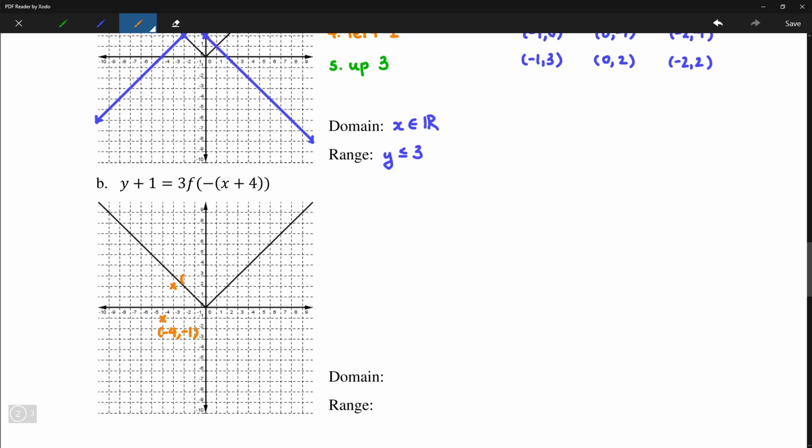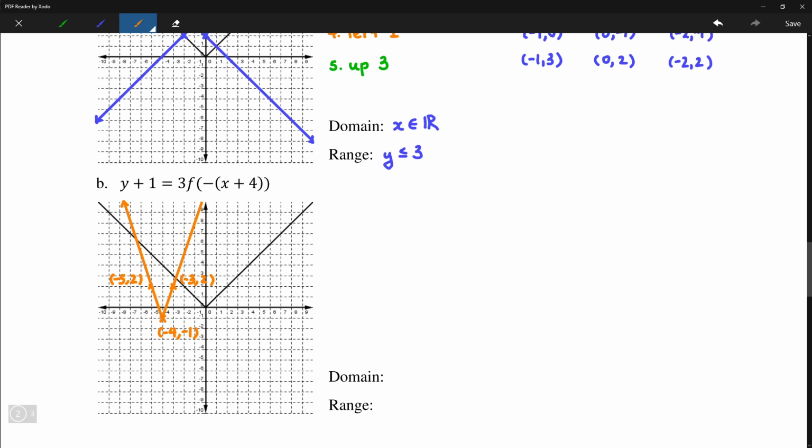So negative 4, negative 1, negative 3, 2, and also negative 5, 2. Just like the previous example, let's just connect the points here to make a graph. Okay, that is sufficient. The other side as well, there we go.